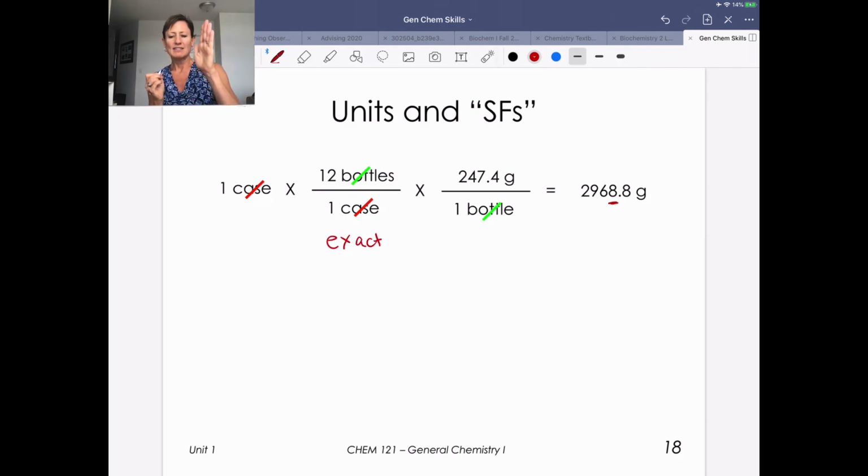The 2, the 9, the 6, and the 8 are all significant, but I need to look one spot to the right to see whether I'm going to round that last digit up or leave it as it is. In this case, 2968.8 is going to round to 2969. So taking this quantity and rounding it, I'm going to get 2969 grams.